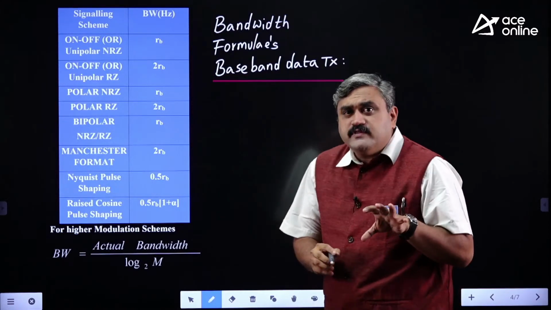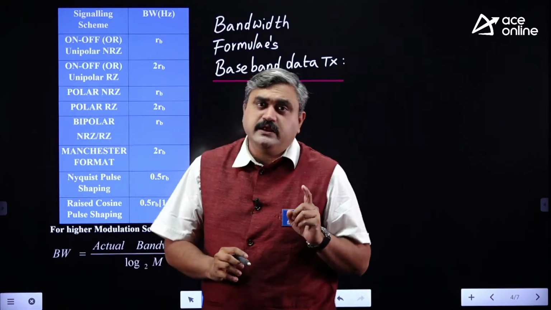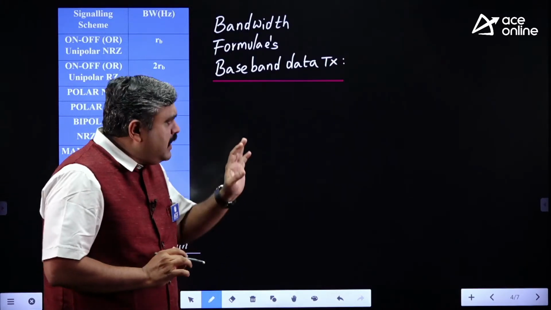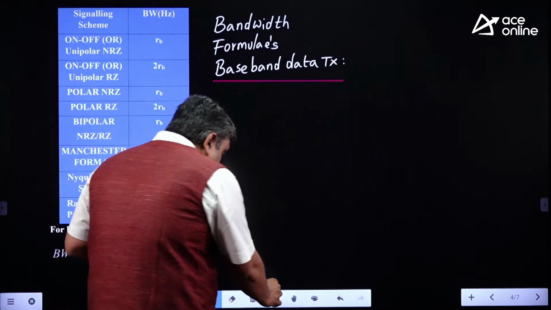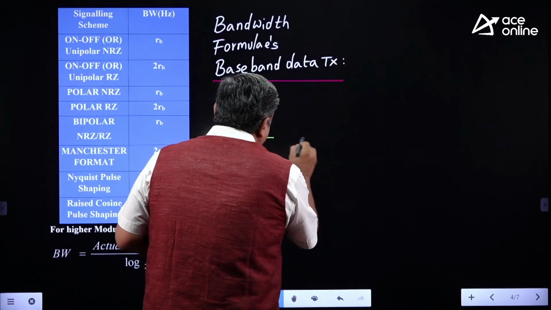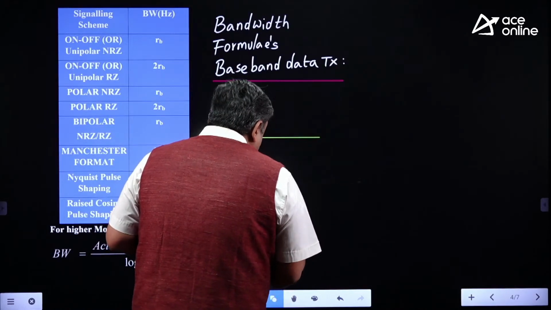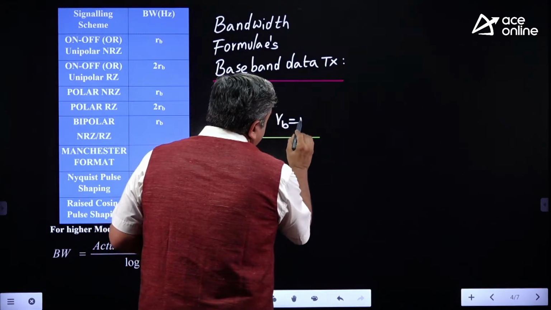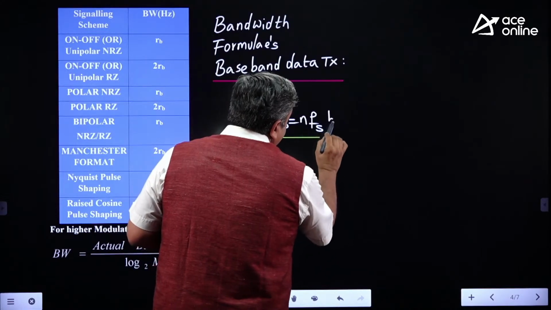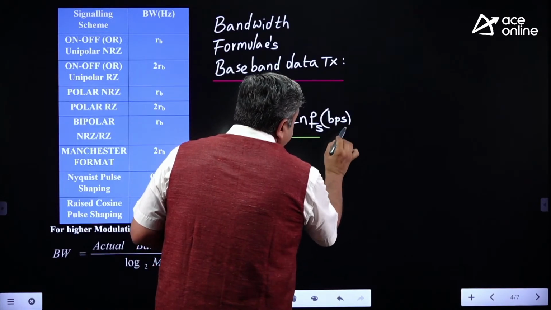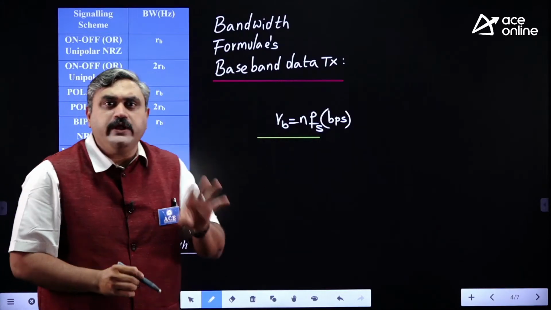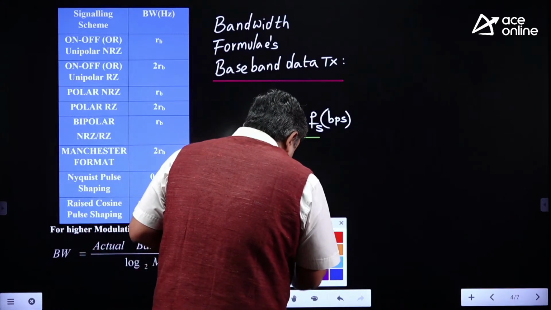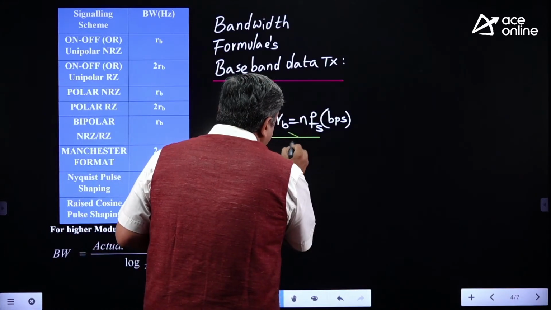It all depends on the signaling scheme. Keep this point in mind, don't make a mistake. You will have a number of blocks in the PCM system, right? Now, after getting the bit rate, the bit rate of the PCM system is n into fs in bits per second. This bit rate will be decided after you do encoding. N bit PCM will be there. After performing that encoding operation, then we will decide the bit rate.